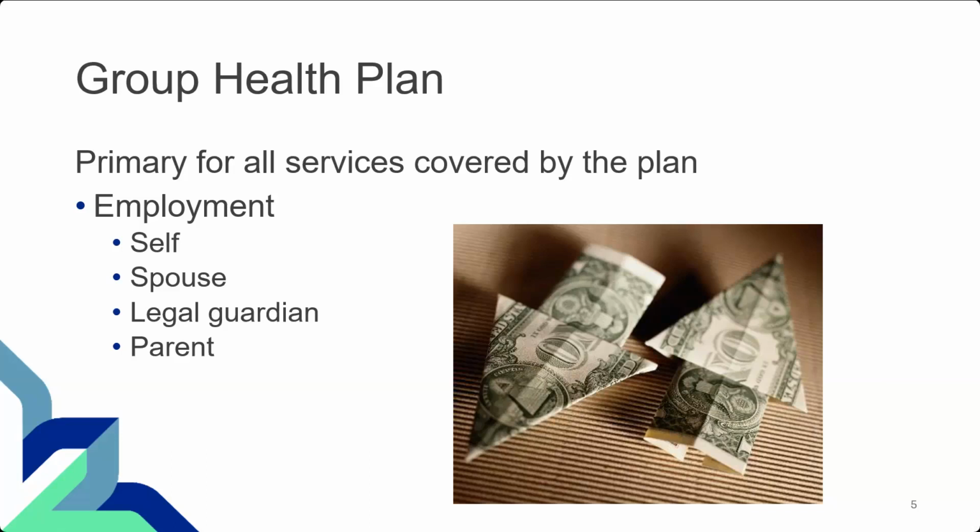What it does state is that under end-stage renal disease, they have a 30-month coordination period. That means for the first 30 months, the other plan is primary, and once we reach 30 months, then Medicare becomes primary. So for the first 30 months, the group health plan is primary, then Medicare becomes primary.